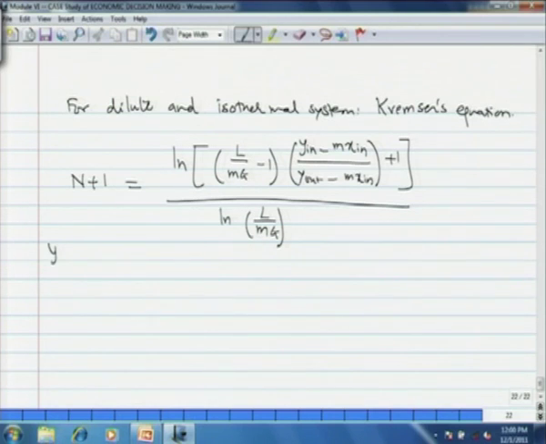Now, Y in is the mole fraction of solute in entering gas. Y out is the mole fraction of solute in exiting gas.